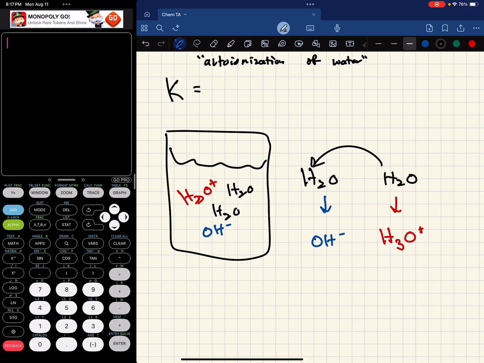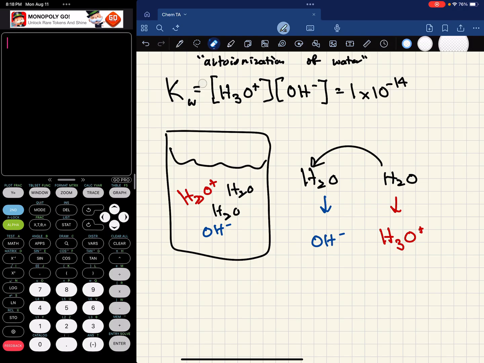So the expression for this is, we just have H3O plus and OH minus equal this equilibrium constant. And there's a fixed number for this. We actually know what this is. It's always 1 times 10 to the negative 14.